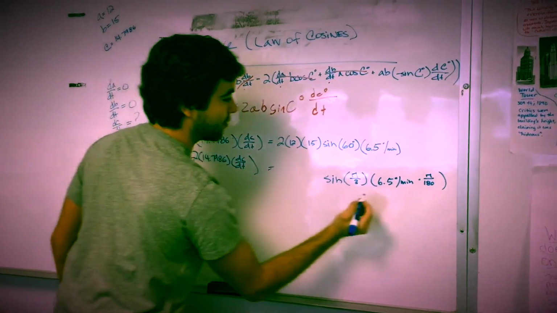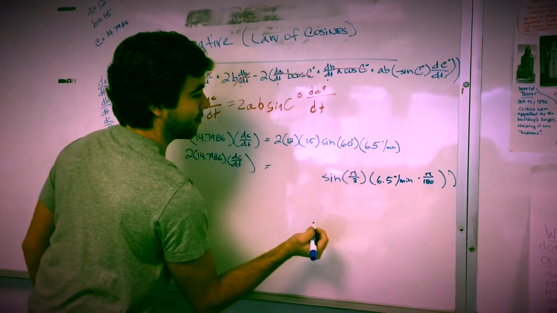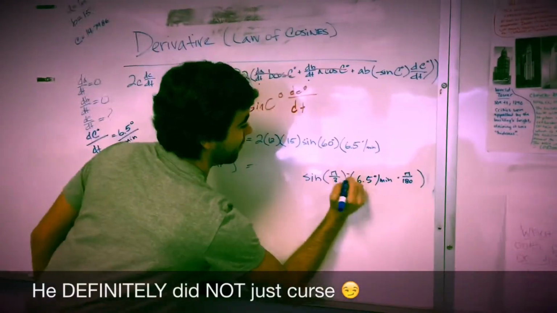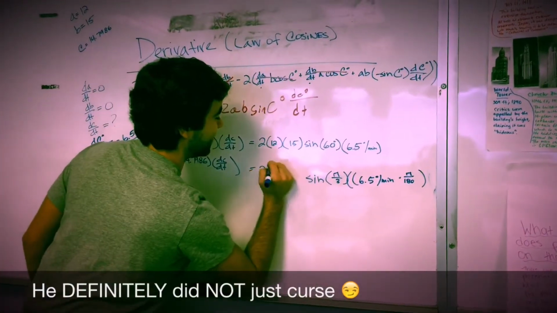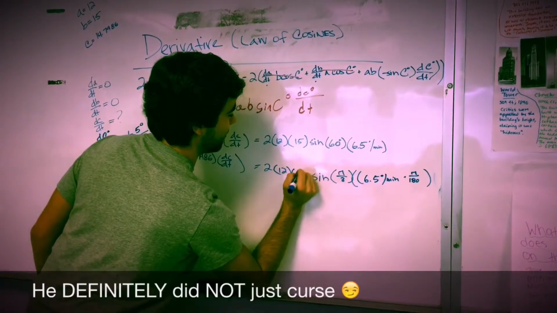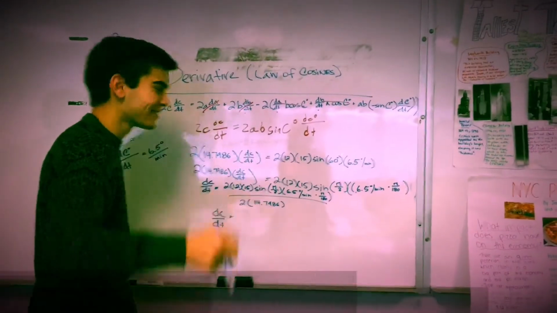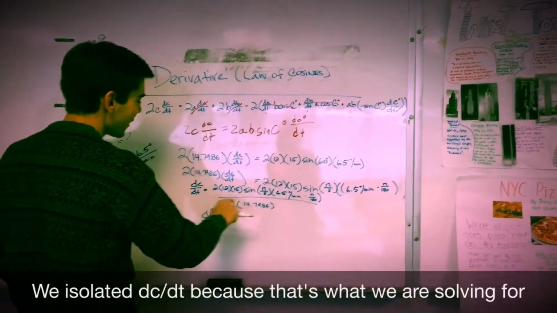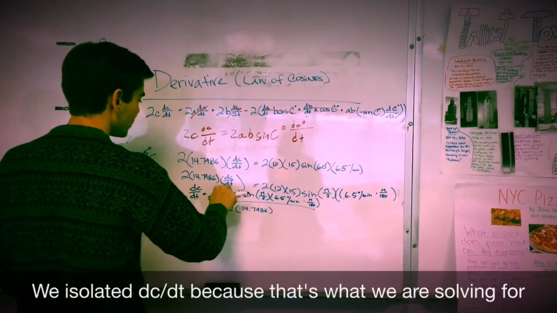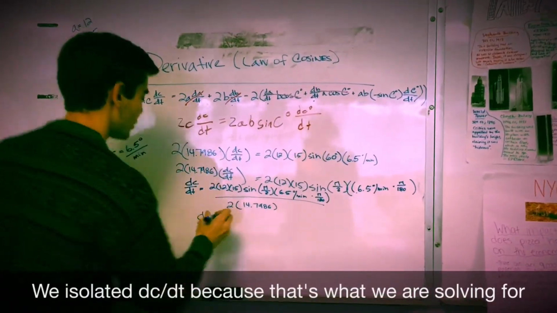And the rest of the equation is the same. So next you have to plug and chug, and you divide the right side by the left side of the equation, and you get your answer.